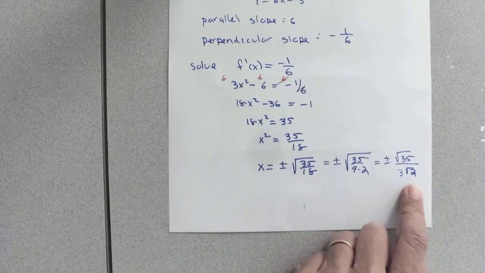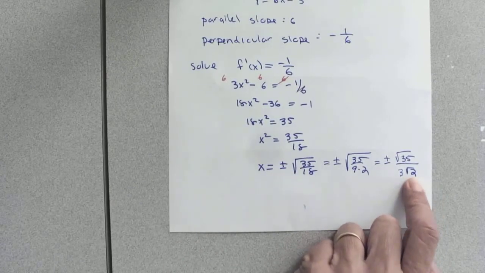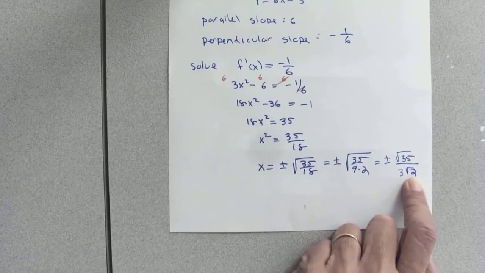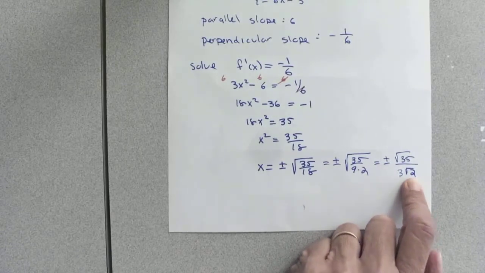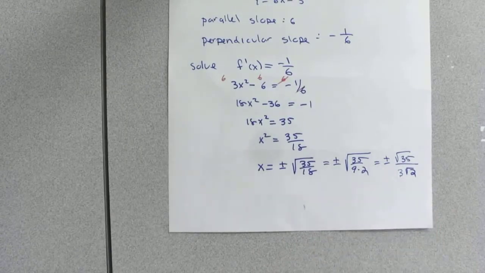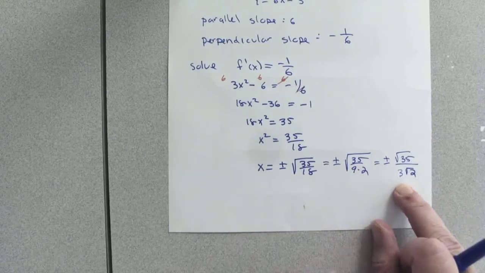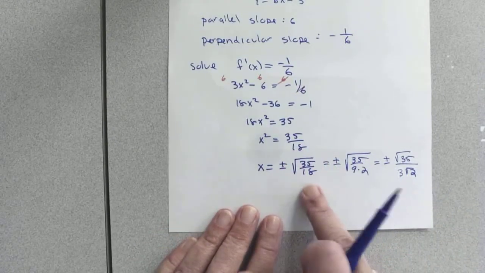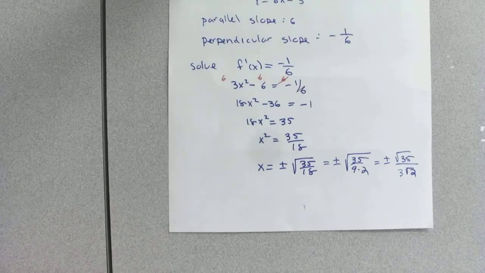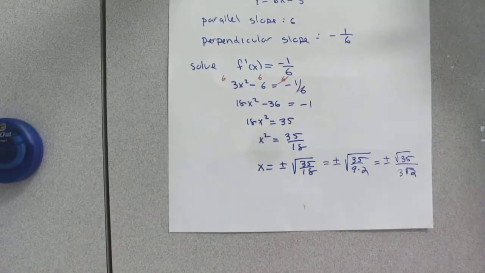If it does rationalize, you can write me and say it rationalized it and I didn't, because I don't care about rationalization at all. But if it does the 18, you go ahead and do the 18. But I am fine right there. And it didn't ask for the y coordinates, so I am not going to find the y coordinate because it didn't ask for it. Okay, we'll end that lecture here.